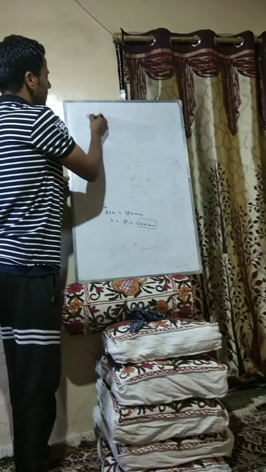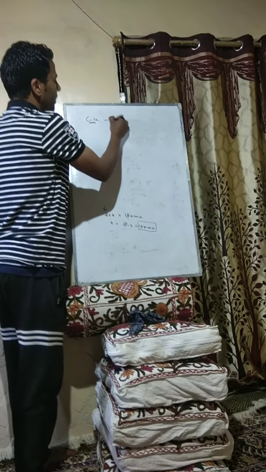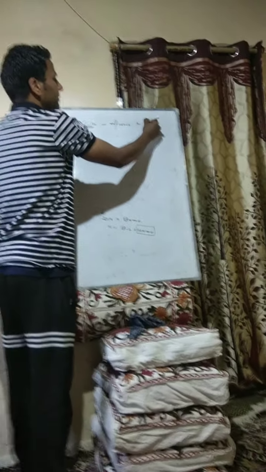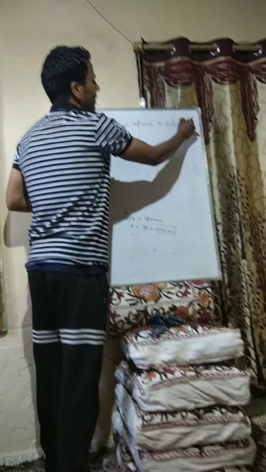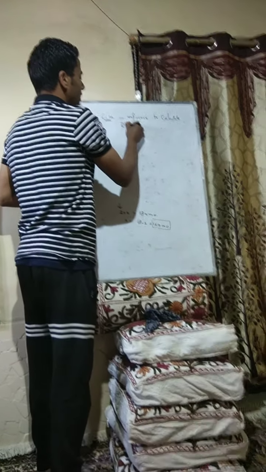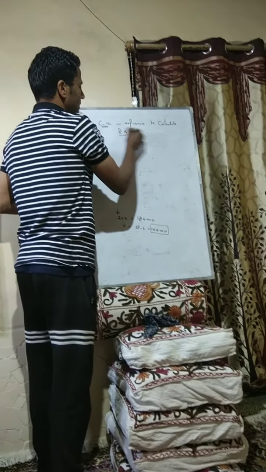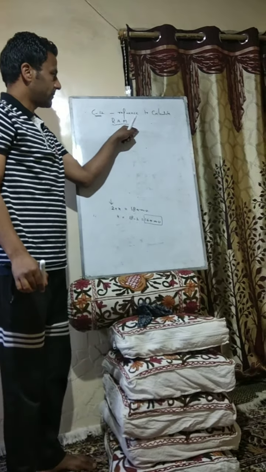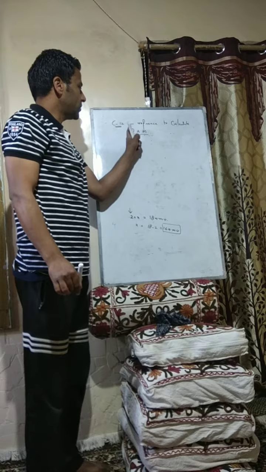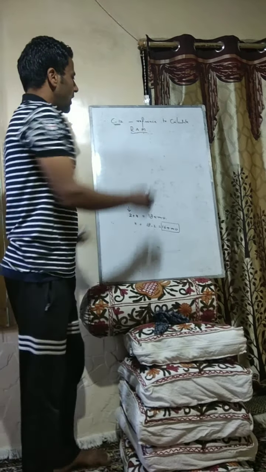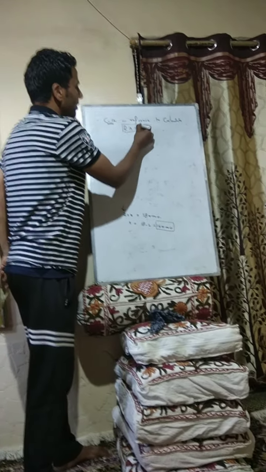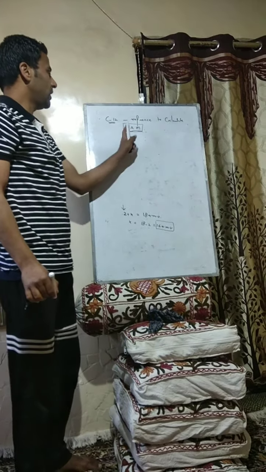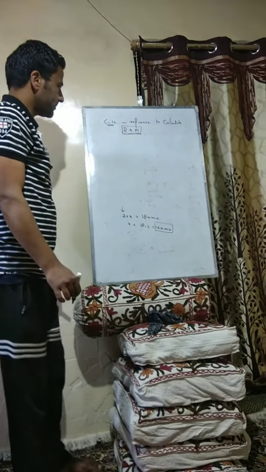Carbon 12 is used as a reference to calculate relative atomic mass. Why? Because carbon reacts with all other elements. That's why it is used as a reference to calculate the atomic mass, and it gives us the relative atomic mass of the other elements. We represent the relative atomic mass by RAM.